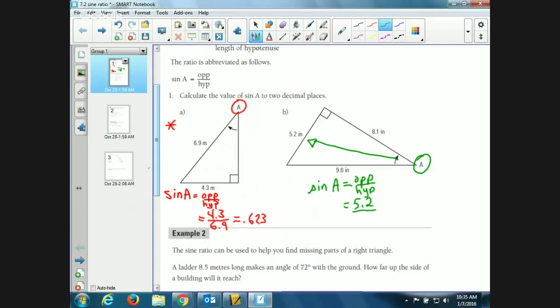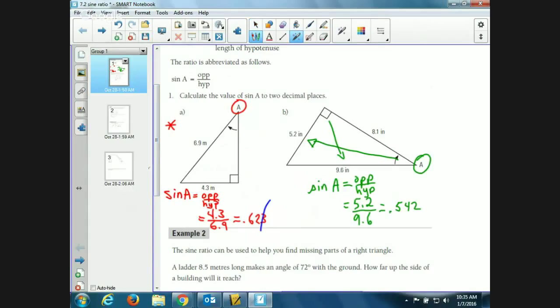The units always divide out, so you don't have to put them in, as long as the units match. And then the hypotenuse is across from 90 degrees. It's 9.6, so you'd enter it in your calculator and divide it out: 0.542. The problem said to 2 decimal places, and I went to 3.